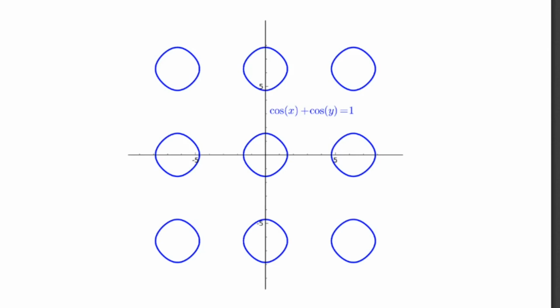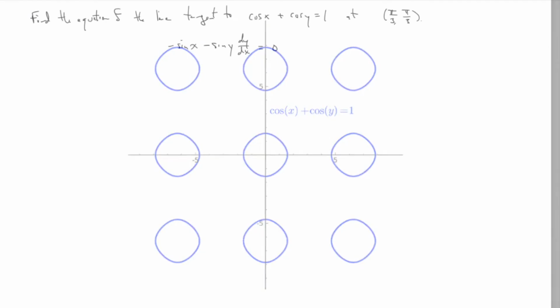It just keeps on going forever, these crazy little misshapen bubbles. So this is part of what's so beautiful about implicit curves, is that you get some very strange graphs that we are doing calculus on. We're computing the equation of a tangent line to one of these crazy little bubble-shaped things.